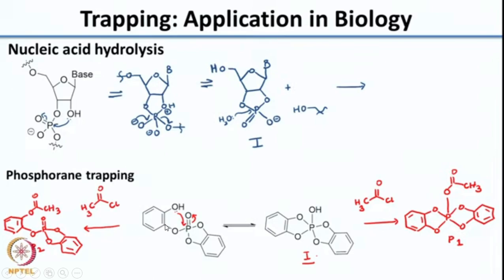So by adding a different trapping agent, we can find out the mechanism, or we can predict the intermediate structure, and we can find out the exact mechanism followed by the reaction.